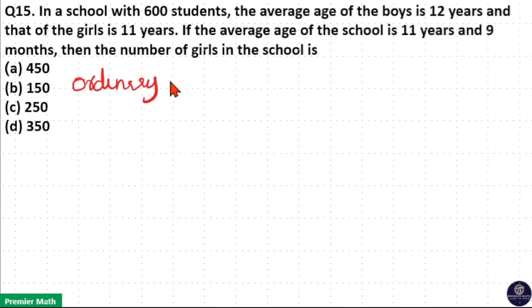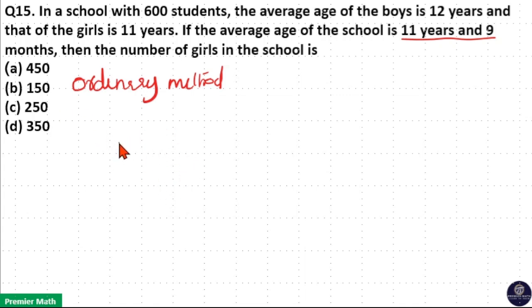Third method is ordinary method. Now average age of school is 11 years 9 months. This 9 month can be written as 9 by 12 years. 9 by 12 is 3 goes 3 times in 9, 3 goes 4 times in 12. So 3 by 4 is 0.75.